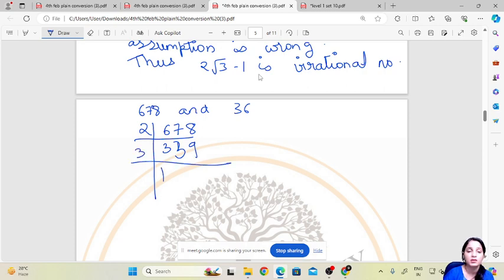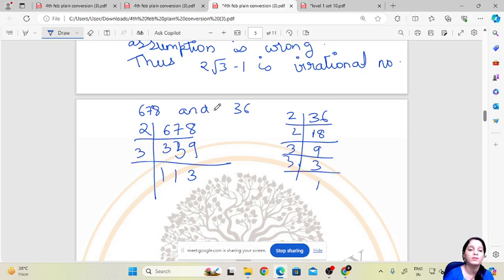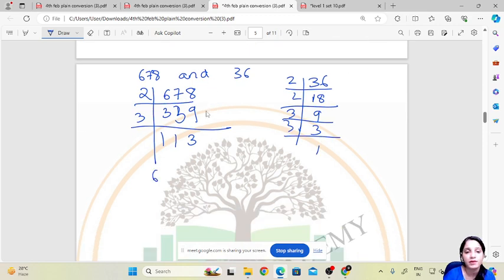3 1s are 3, 3 3s are 9. 36: 2 1s are 2, 2 8s are 16, 2 9s are 18, 3 3s are 9, 3 1s are 3. Okay, here 678 is equal to 2 into 3 into 113, and 36 is 2 into 2 into 3 into 3.